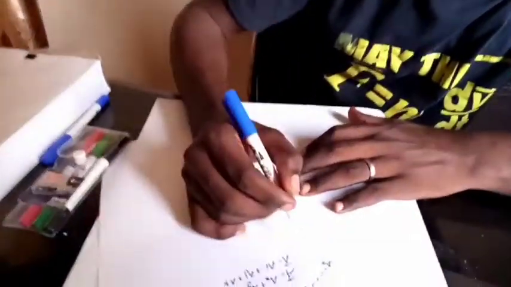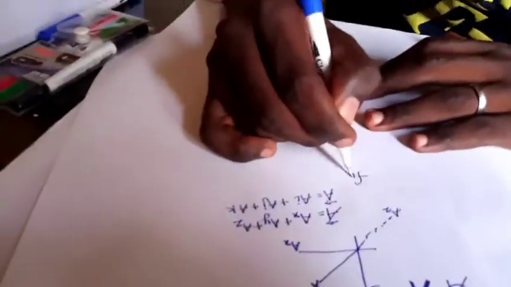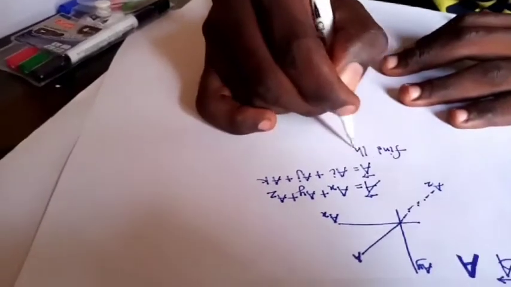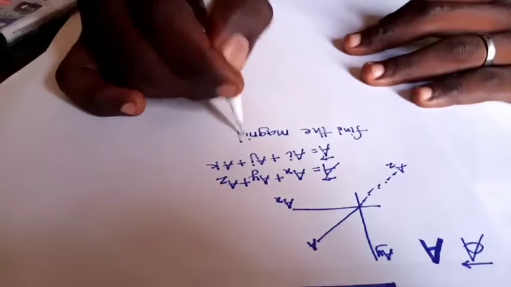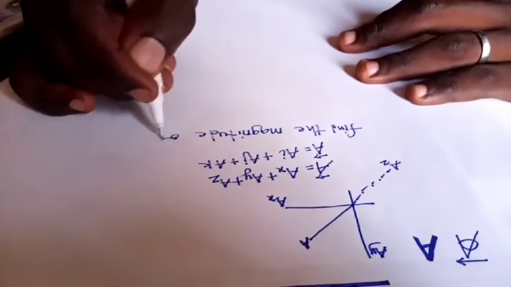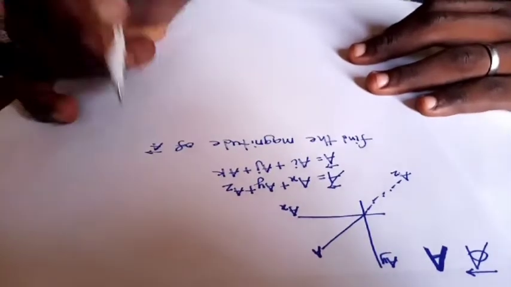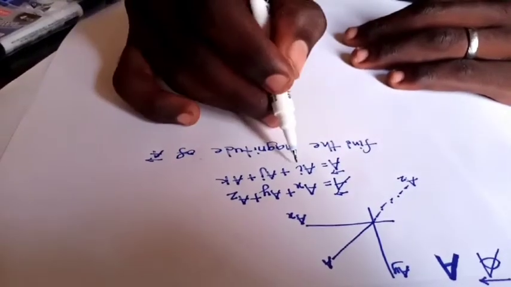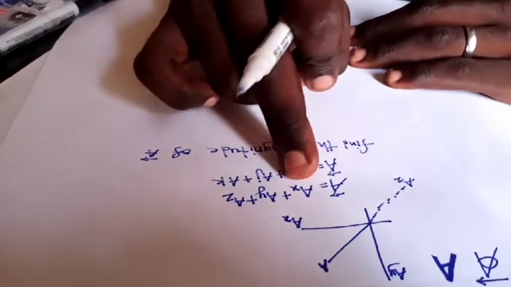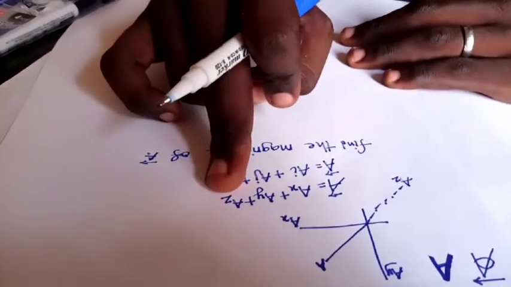We are going to start by looking at the magnitude of a vector. How can you get the magnitude of a given vector? For instance, if the question says find the magnitude of A, I know that A itself equals AX plus AY plus AZ.